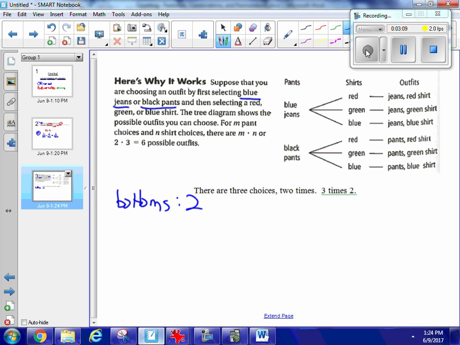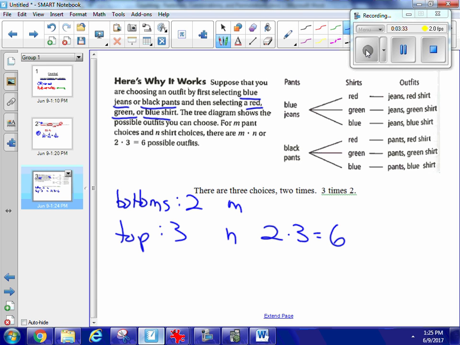Then you're going to choose a top, and it's either going to be red, green, or blue. So for your top, there are 3 choices. How many ways can you put these together? Well, this is our M, this is our N. I have 2 times 3. There are 6 different outfit combinations that you could have here.